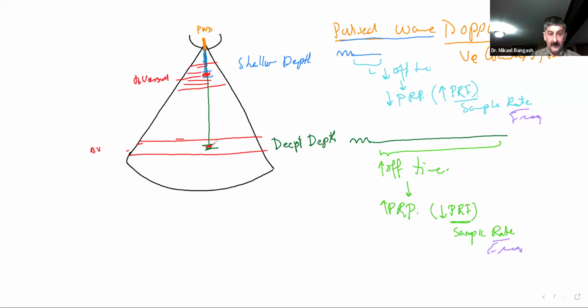So dear guys, if you place it in a vessel that is at a greater depth, you're going to have a lower PRF. For now, we would just call that the sample rate.